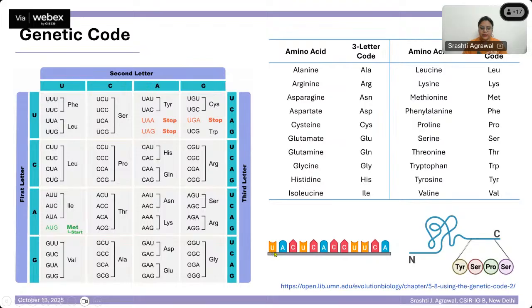Now, when these three-letter codes are read, this is called a frame. If it's read from the first base, or the initiation base, it's called the first frame. Then, if it's read from the second base, it's called the second frame. And if it's read from the third base, it's called the third frame. These are basically the possible frames that are available for the genome to be read and translated to protein.